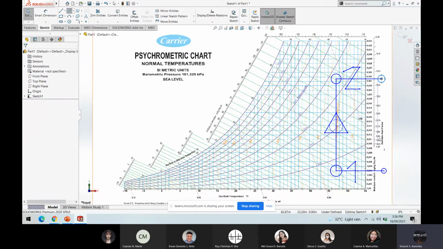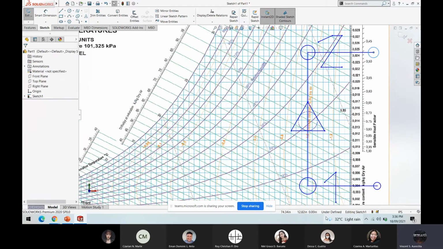If you read it in the psychrometric chart, so for instance, ang kaning humidification specific humidity sa point 1 is 0.004 kilograms of water per kilogram of dry air, and point 2 is assumed to be 0.0245 kilograms of water per kilogram of dry air.